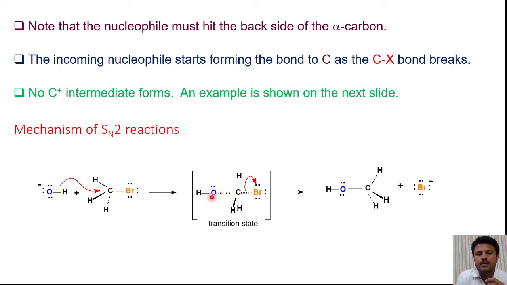In this transition state, the carbon atom is partially bonded with oxygen as well as partially bonded with the bromide ion. When bromide completely departs, OH minus is fully bonded with carbon. In this reaction no intermediate is formed, because this transition state cannot be isolated.